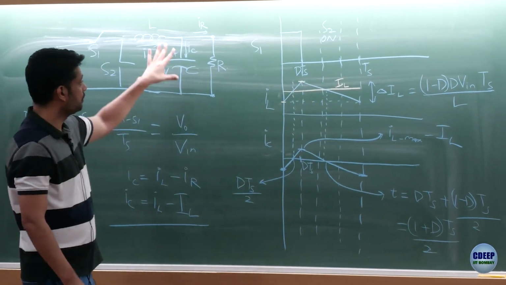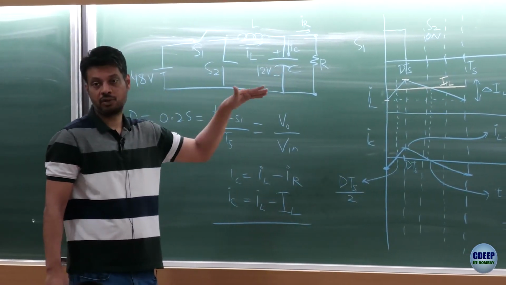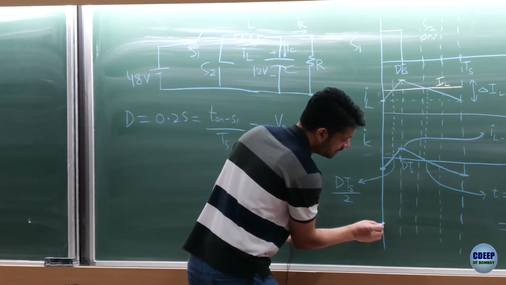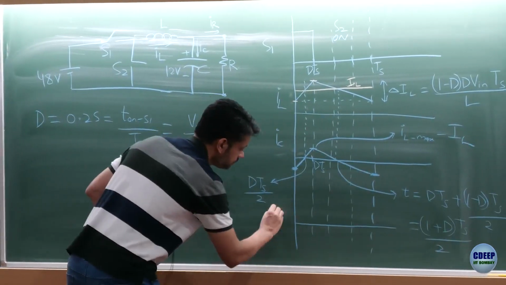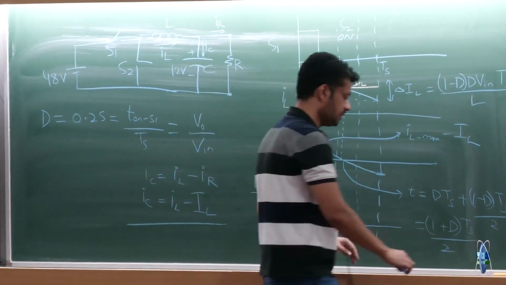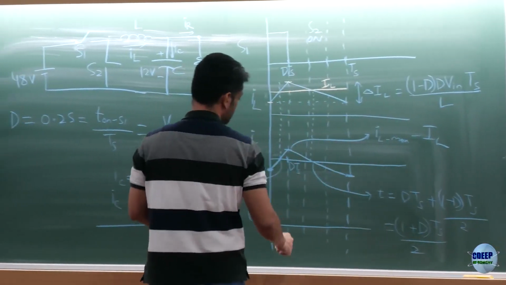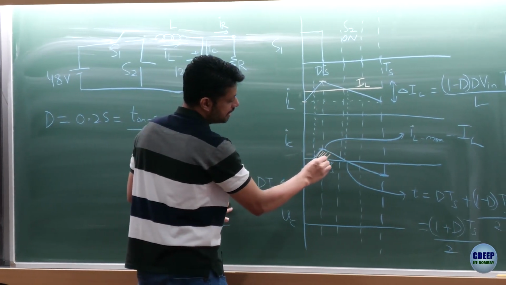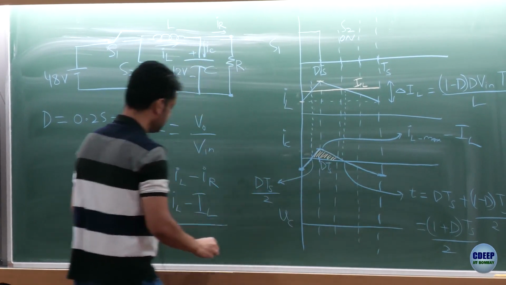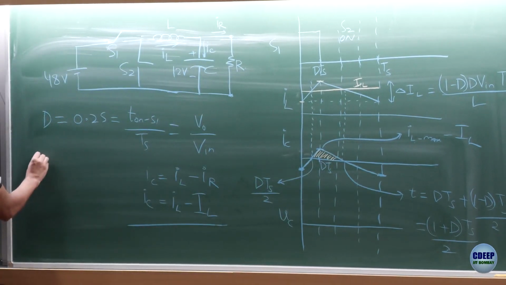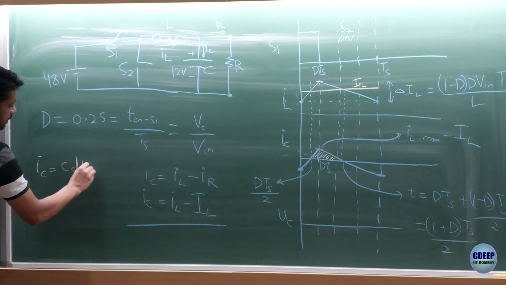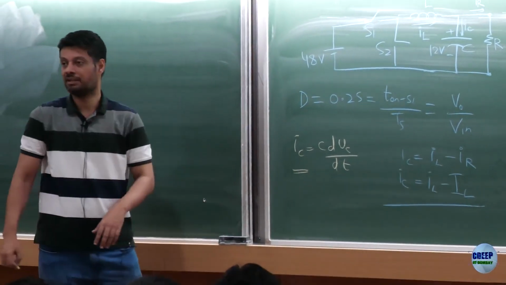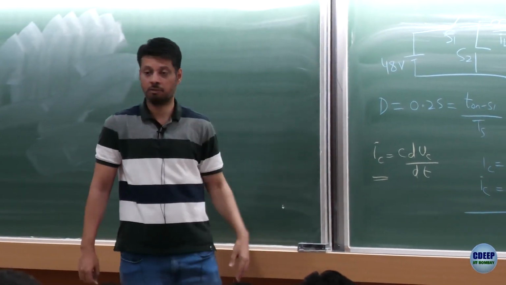Okay, once we have figured out the capacitor current, the next step is to find out the voltage, and this is again what we have drawn last time, but let us still try to redraw it. Capacitor voltage, and now we are drawing the zoomed version of it, on the y axis. Whenever the current in the capacitor is positive, the capacitor equation is I equal to C dVc by dt. So if current is positive, dV by dt will be positive, current is negative, dV by dt will be negative.